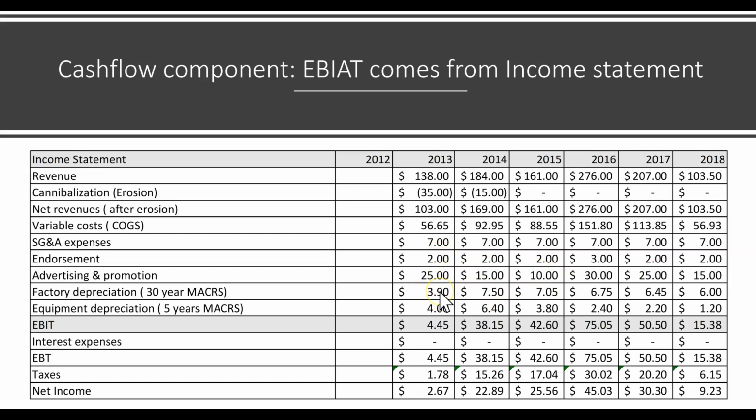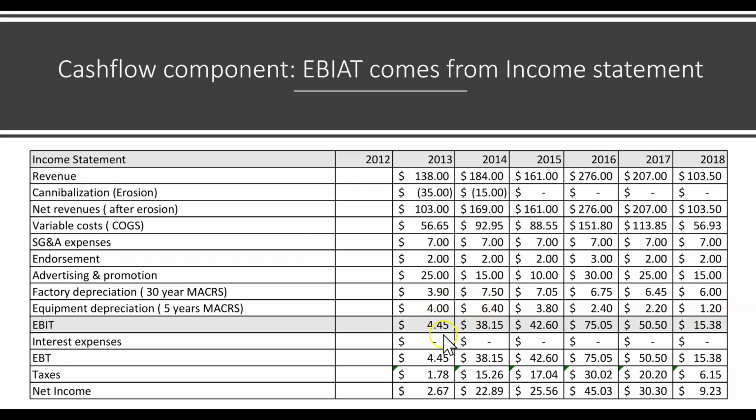Then the depreciation will be calculated using the depreciation schedule that was provided to us times the money we spent, which would mean in the case of the factory we spent 150 times the depreciation schedule for 2013, that number, and then the 2014 schedule times the 150 will be that number. Similarly, for the equipment, we do the same thing.